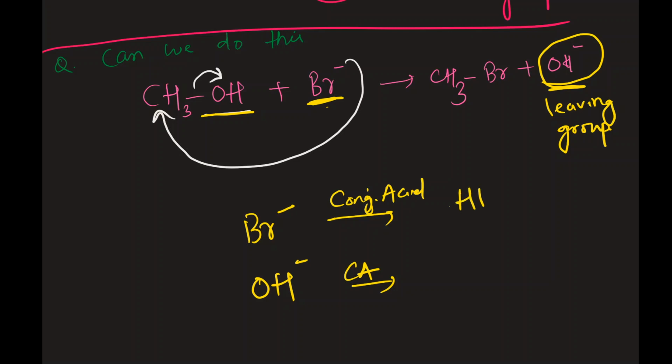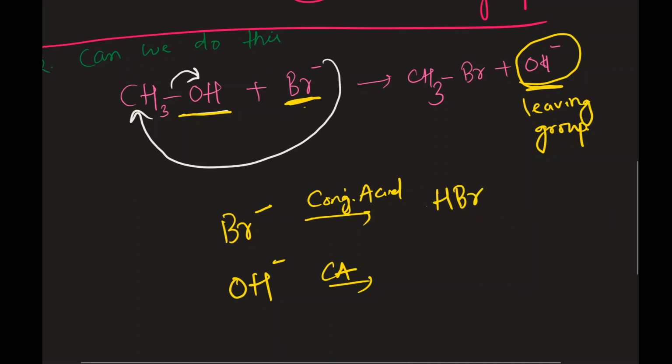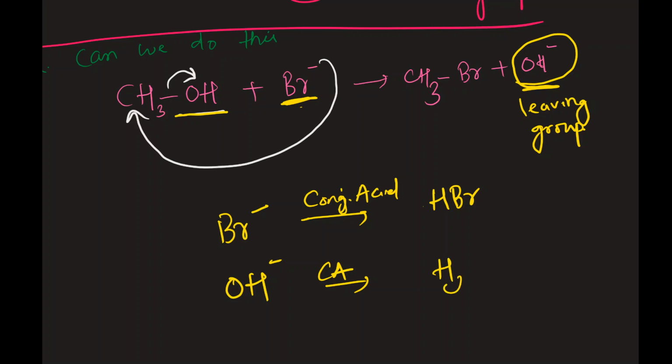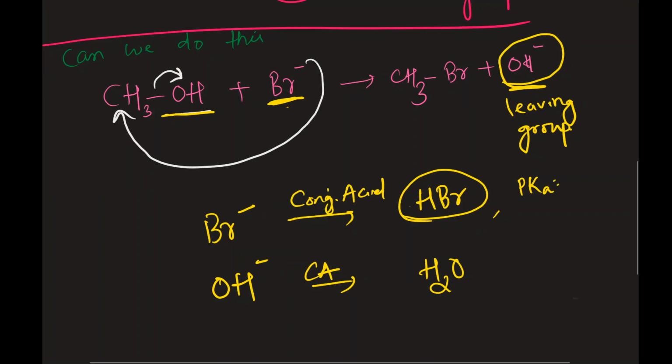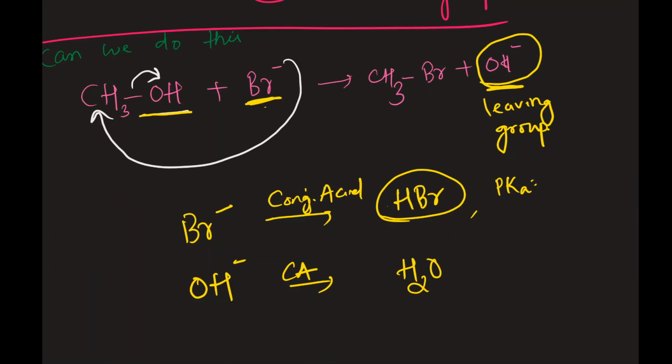It is HBr. What is the conjugate acid of OH minus? Water. What is the pKa of HBr? This is highly negative, right? I don't remember the exact number, it's probably around -7. The pKa of water is 15.